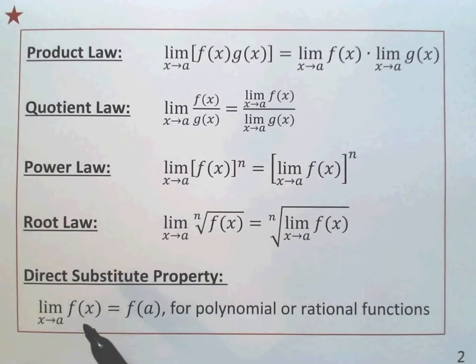If a function is a polynomial, or a rational function, which is the quotient of polynomials, then the limit equals the value of the function at a. Directly substitute x by a.